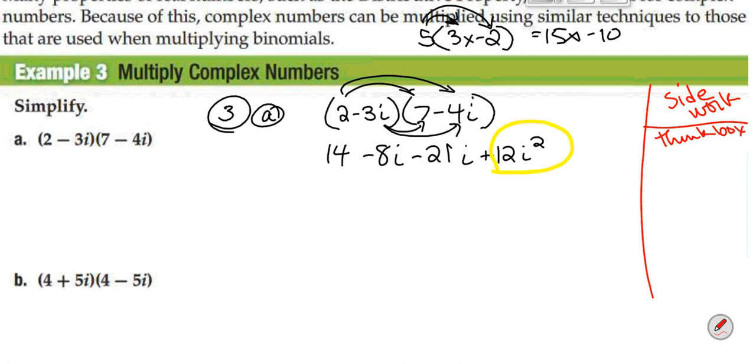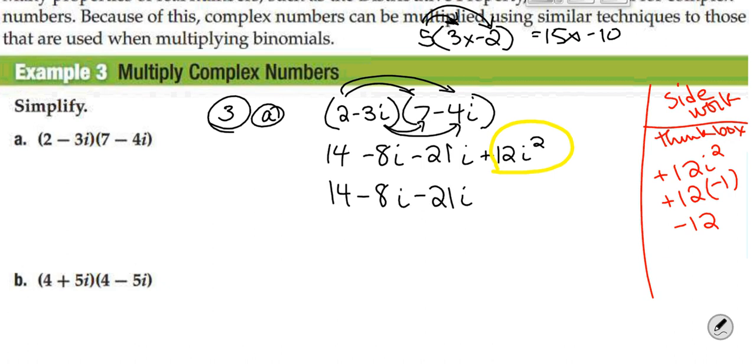I'm going to remind myself that i squared is negative 1. So instead of plus 12i squared, I'm going to say it's plain old minus 12, and I'll rewrite it that way just because this is my notes and I want to remember what's happening there. That'll be minus 12.